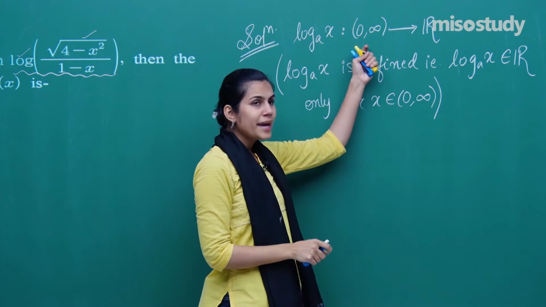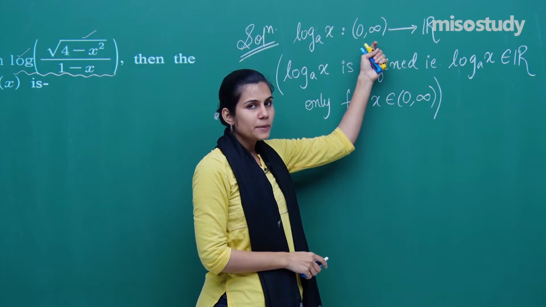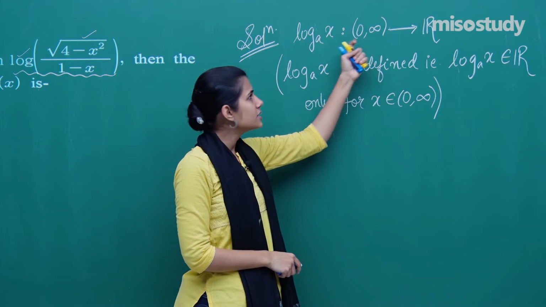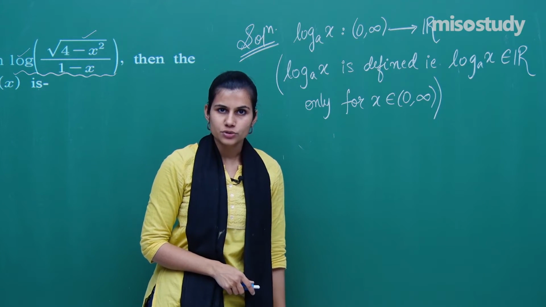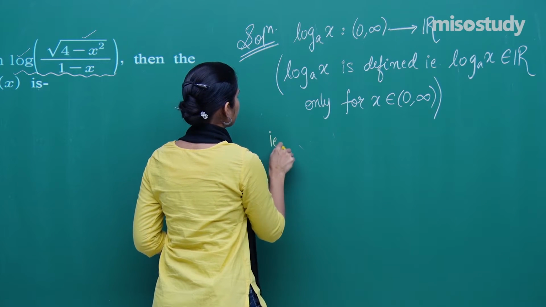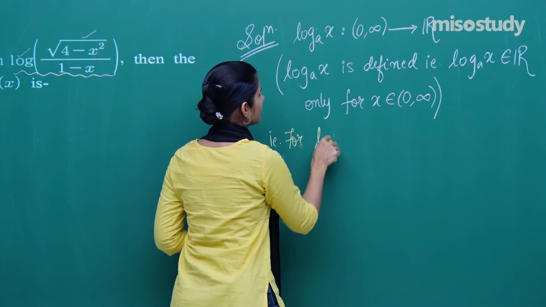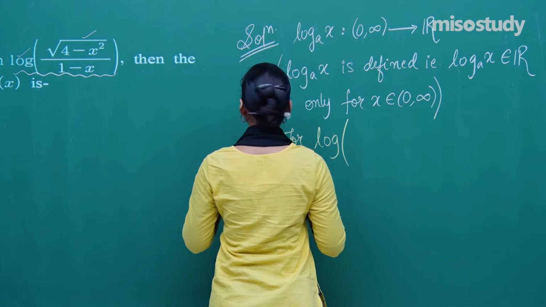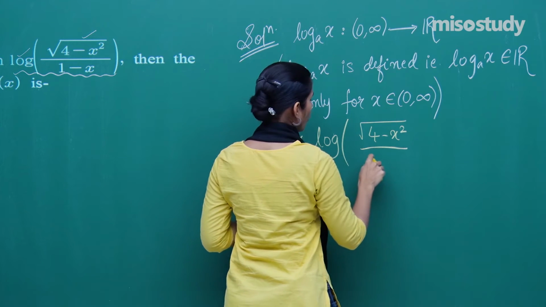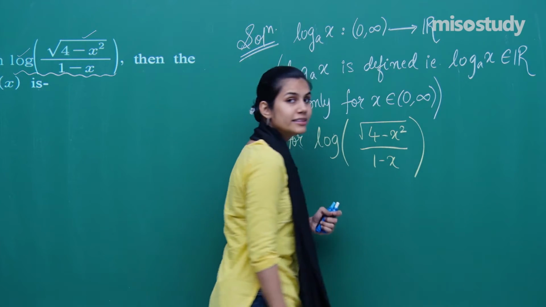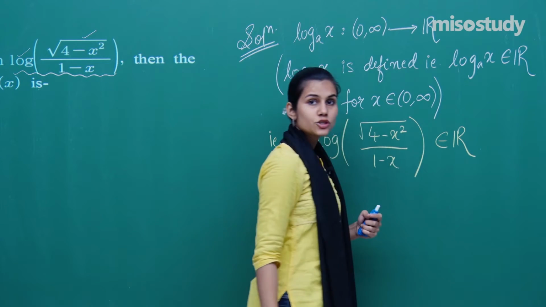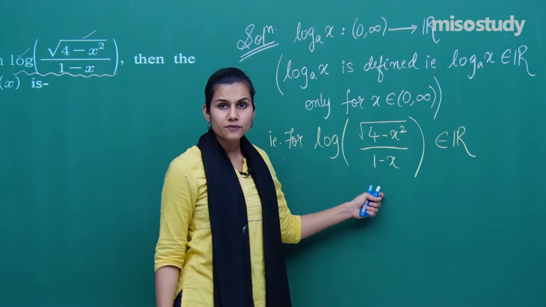Because inside the domain sit only those members which are belonging to (0, infinity), which means only for these real numbers log x is delivering real values. So, for log of this expression, which is under root (4 minus x square) upon (1 minus x), for this expression to be defined, first of all, and why do I need this to be defined?